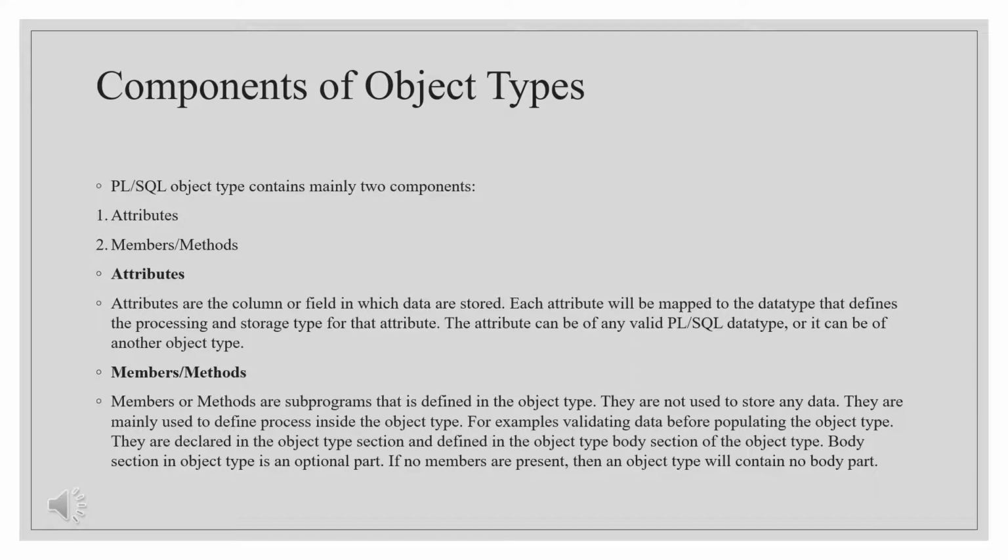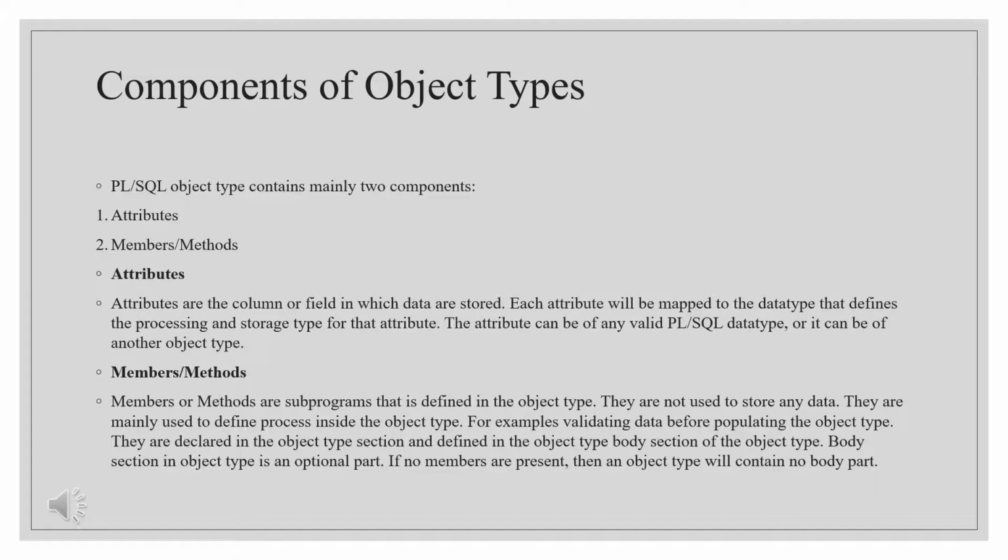Now, next is the method. Methods are subprograms that are defined in the object type. By subprograms, it means methods are used to perform specific tasks on the data of that object type, or the attributes. They can modify the values of these attributes, create new values, or manipulate them.